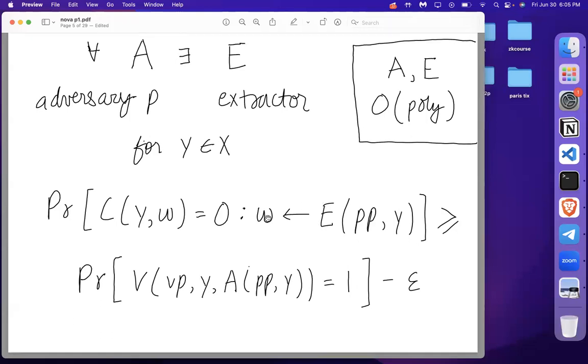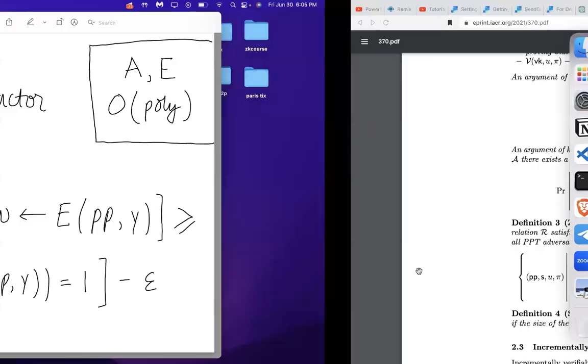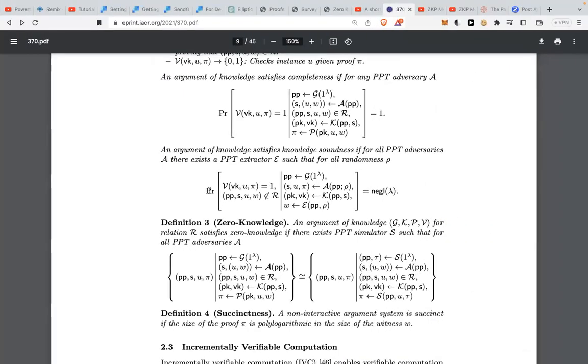That the extractor should always give a witness, and the probability should be greater than the malicious prover which can convince the verifier, minus some negligible quantity. But when we look at the paper, I'm trying to match this. I think this is kind of included where this extractor gives that witness. So I think it's equivalent.